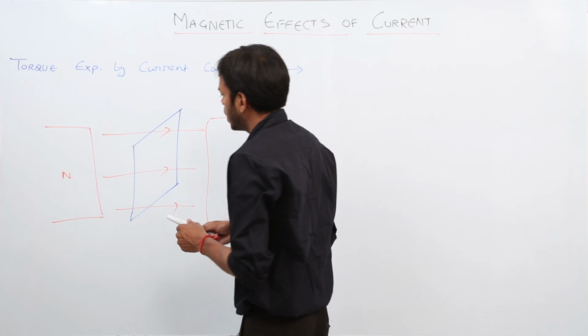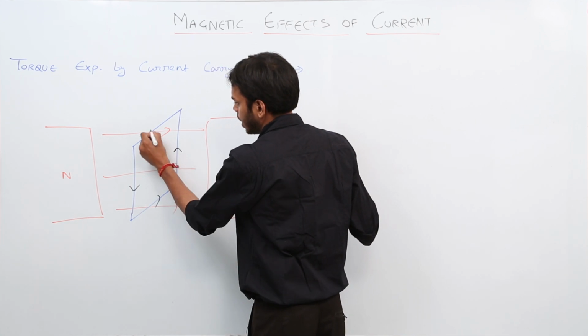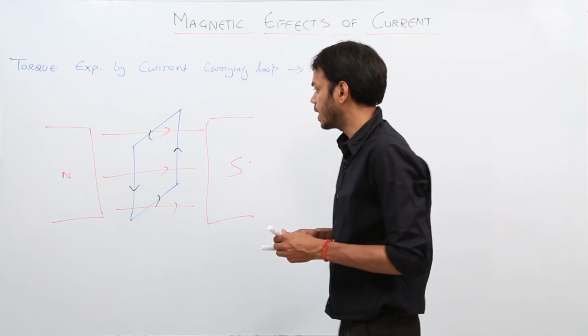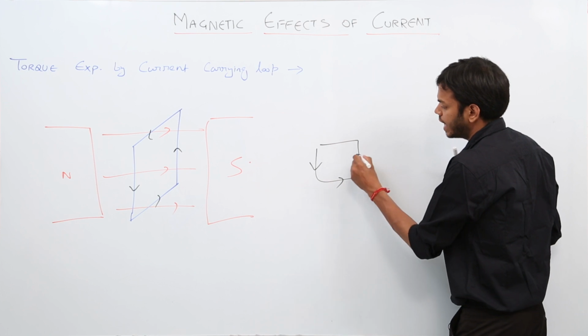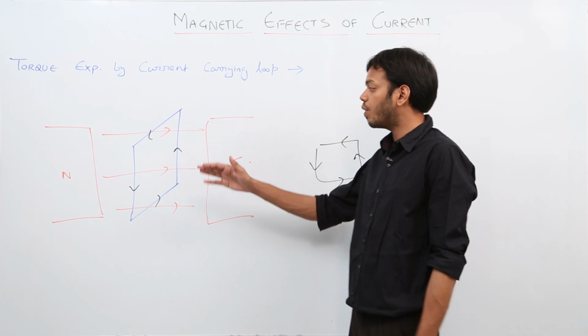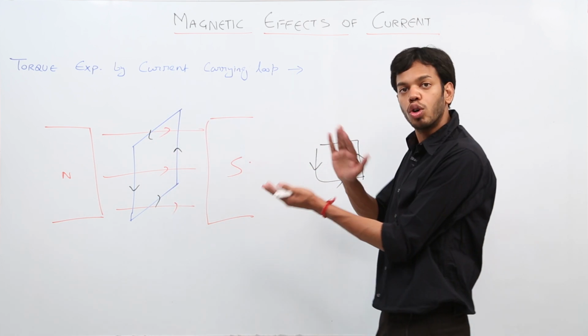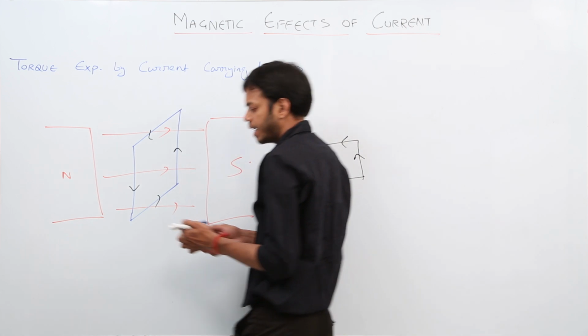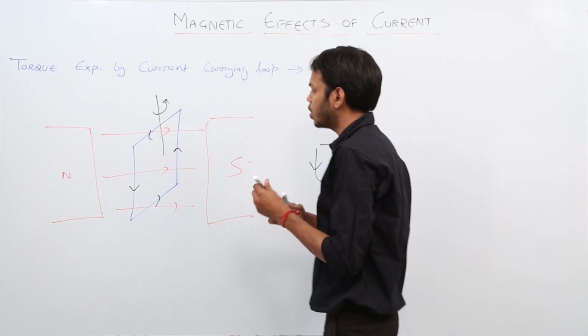This loop has current flowing in this direction, that means anti-clockwise direction. If the loop is straight like this, then you can see the current is like this, but right now due to the torque or due to the force experienced by the sides of this loop, the loop is already rotating. That's why you are seeing a tilted position. In this way the loop is rotating.